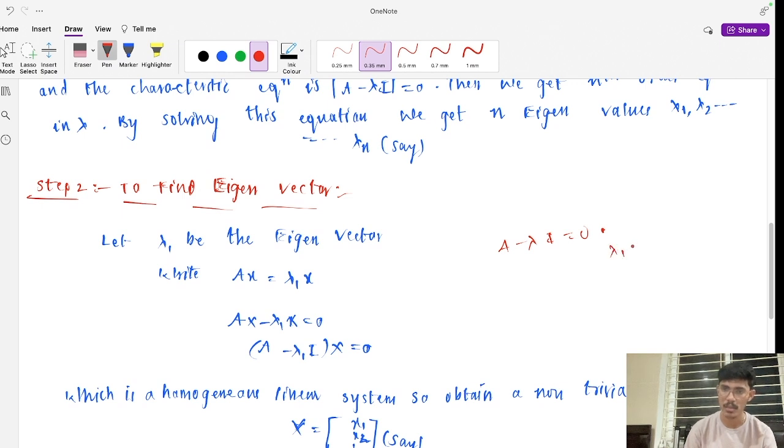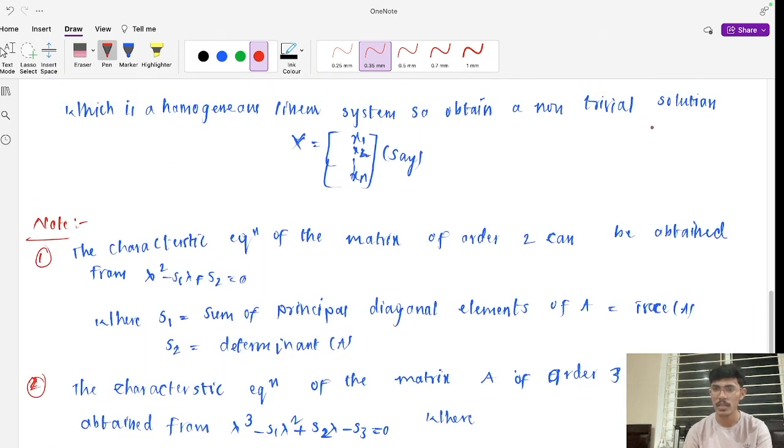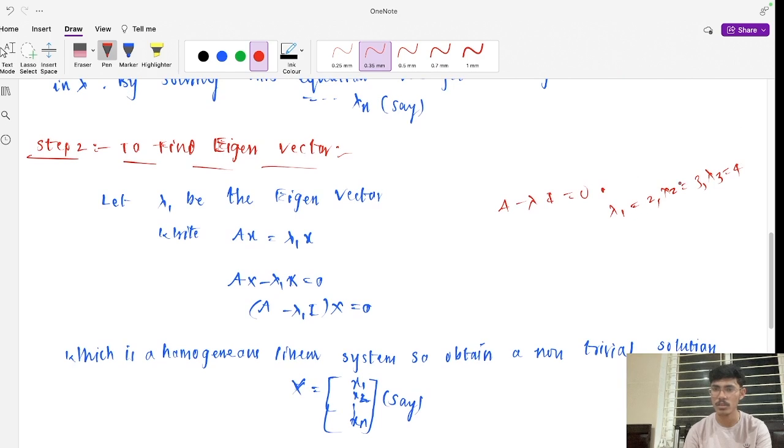Suppose lambda 1 value is 2, lambda 2 value is 3, lambda 3 value is 4, found from the characteristic equation. In place of lambda we substitute these eigenvalues, lambda 1, lambda 2, and reduce the matrix to echelon form. At that time we can find the number of unknowns of the x values.